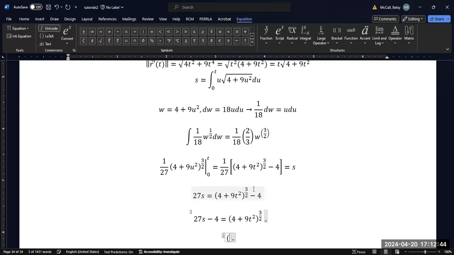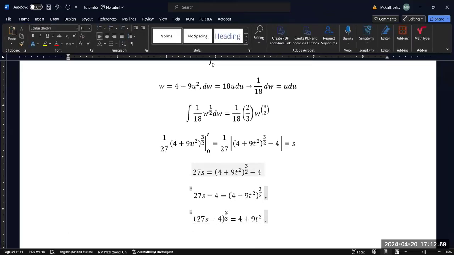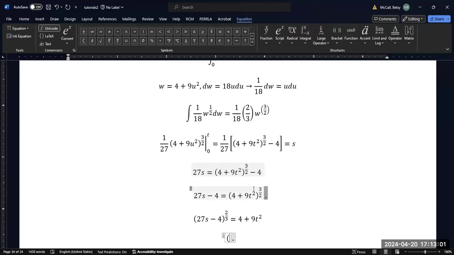And then I take my 27s minus 4 to the 2/3 in order to get 4 plus 9t squared. And then I take my 4 over this crazy thing. Minus 4 is equal to 9t squared.